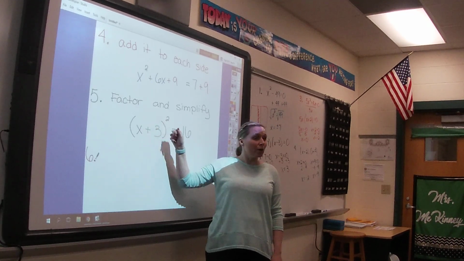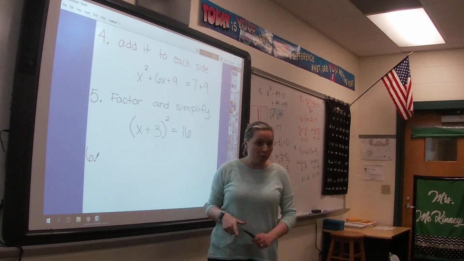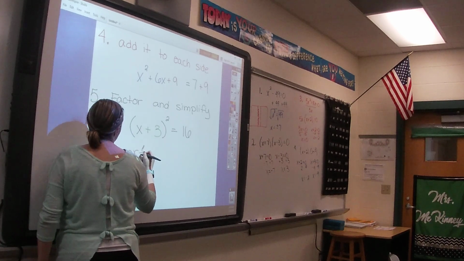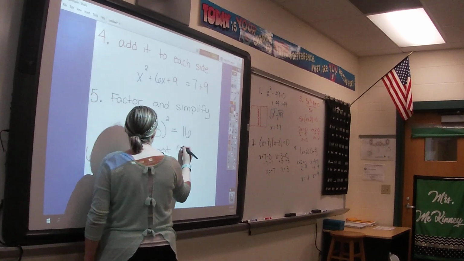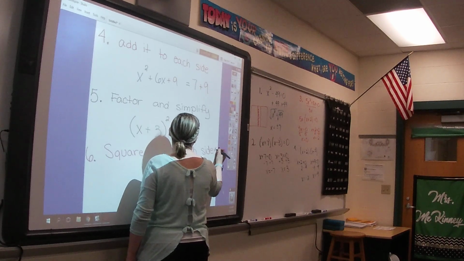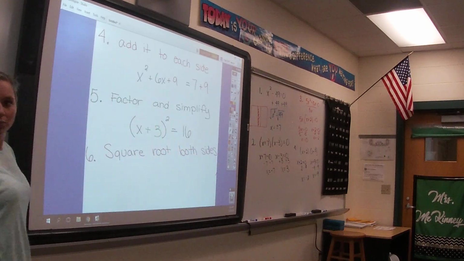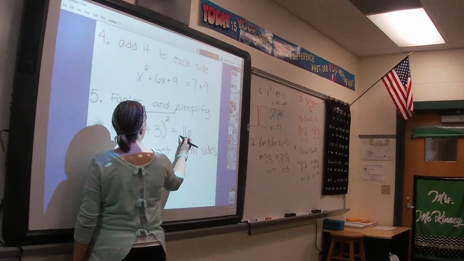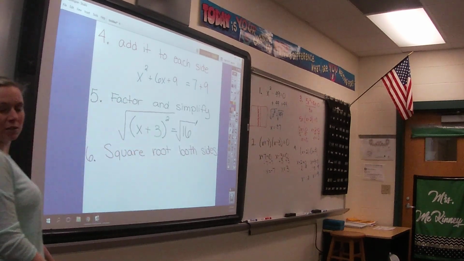How do we undo an exponent of 2? Square root. So we are now going to square root each side, because whatever we do to one side, we have to do to the other. So I'm going to square root here, and I'm going to square root there.